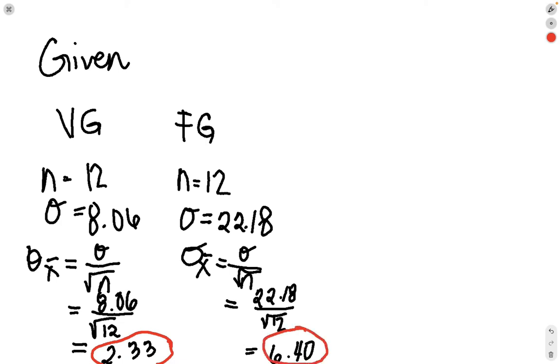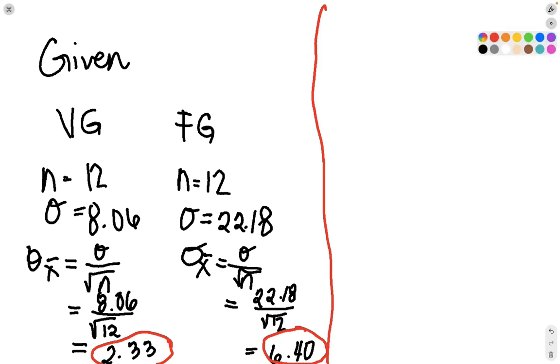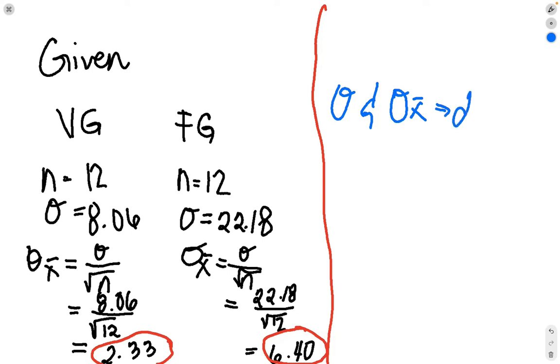Okay, so let's now compare. Observe the data and let's fill in the blanks, as stated in the lecture guide. So the relationship of your standard deviation and your standard error of the mean is actually direct.